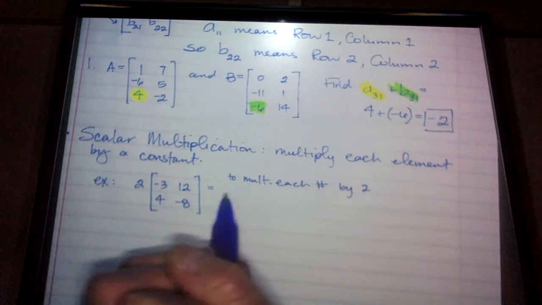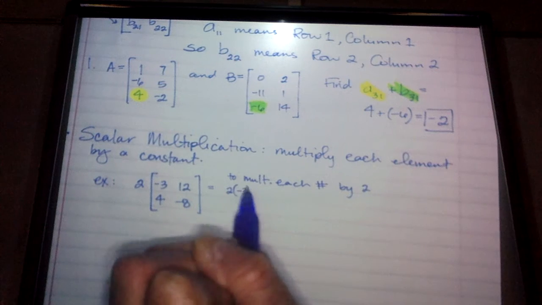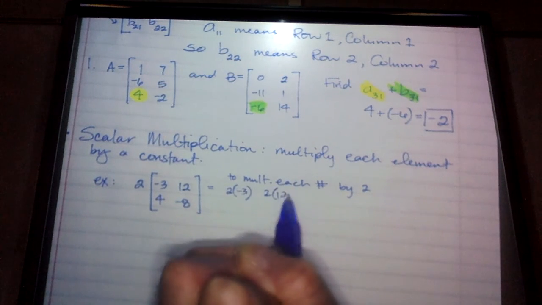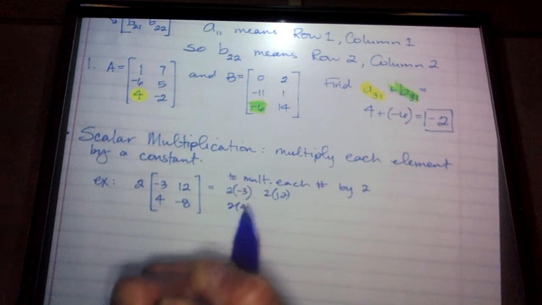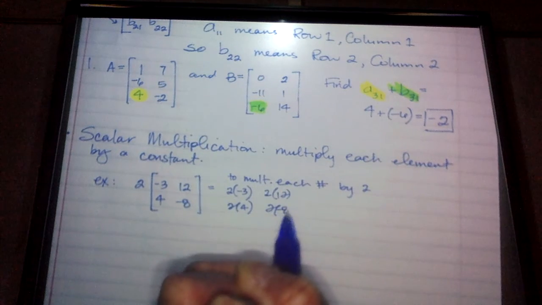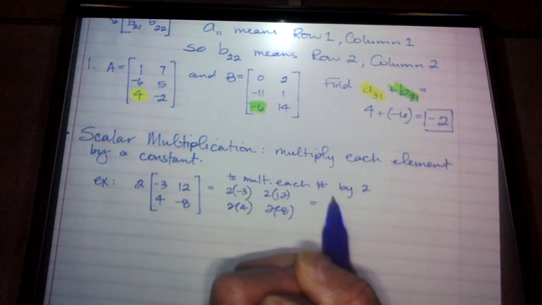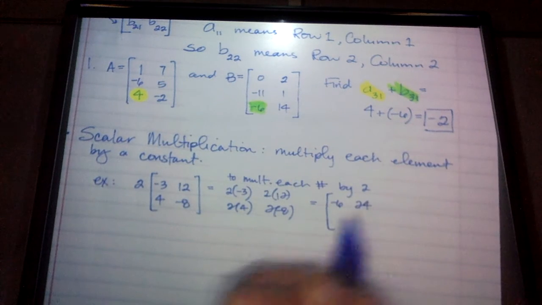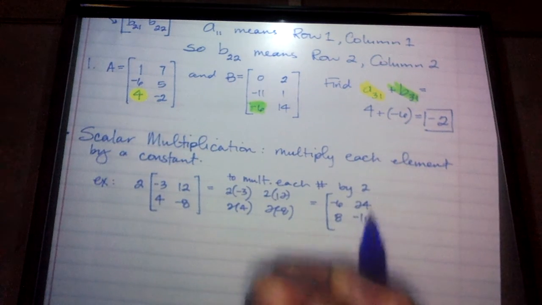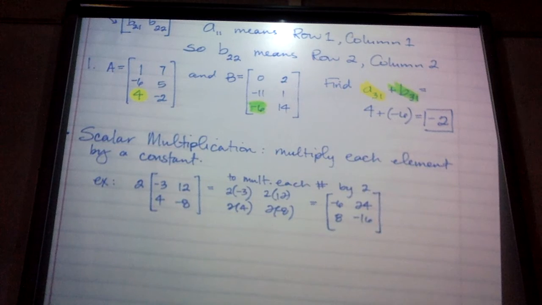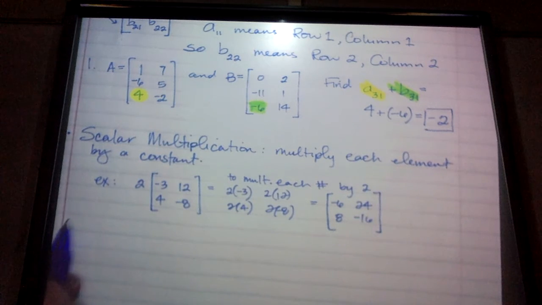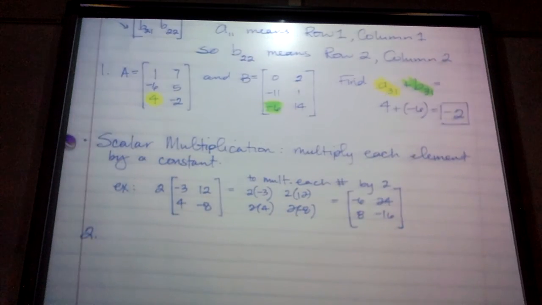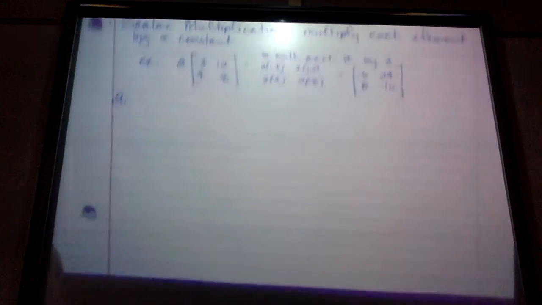So I would do 2 times -3, 2 times 12, 2 times 4, and 2 times -8. And that would give me a matrix of -6, 24, 8, -16. Okay, so let's try that in an example that's similar, but a little bit more complicated.